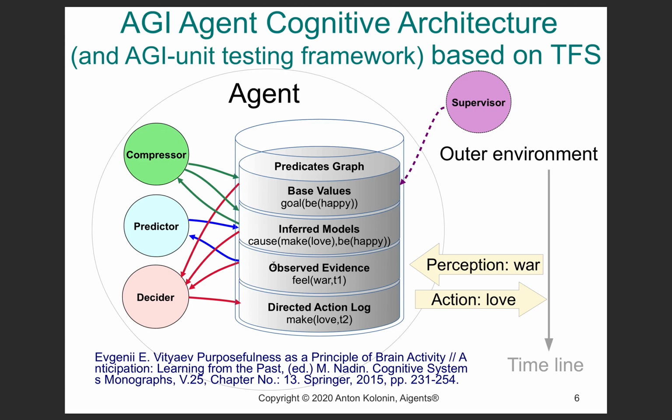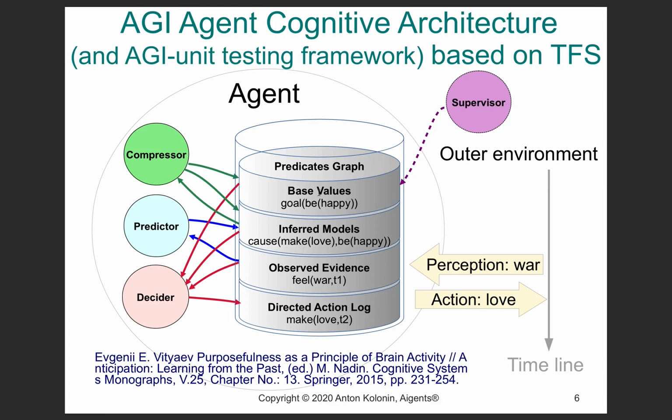Then we need to retain the evidence that we observe, and then we need to keep the models that describe the possible rules and policies, the causal models of the events in the outer world and the possible responses to the actions that we direct towards this world.